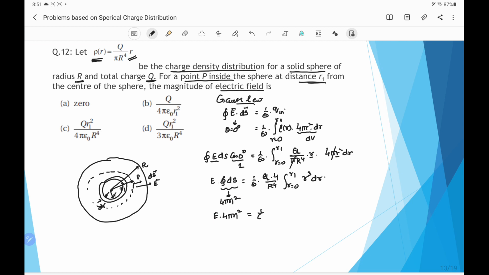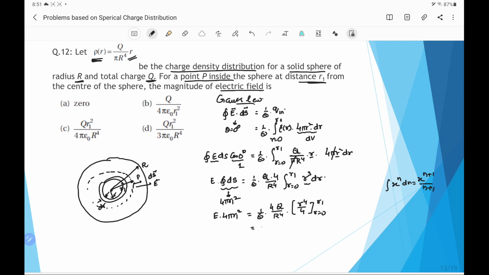It is equal to 1 by epsilon naught, 4Q by R⁴, and integral of r³ is r⁴ by 4, using the formula that integral xⁿ dx equals x^(n+1) by (n+1).